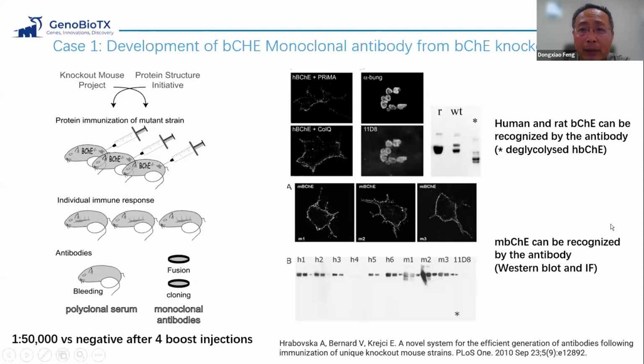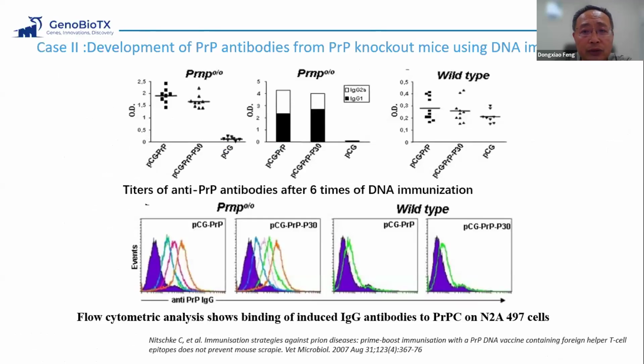This used a recombinant antigen for the immunization. We can also use DNA for the immunization. This is an example of how people developed anti-prion protein antibodies in the prion protein knockout mouse model using DNA immunization. From the knockout background, people can get a very high antibody titer in the knockout mouse, but not in the wild-type mice.